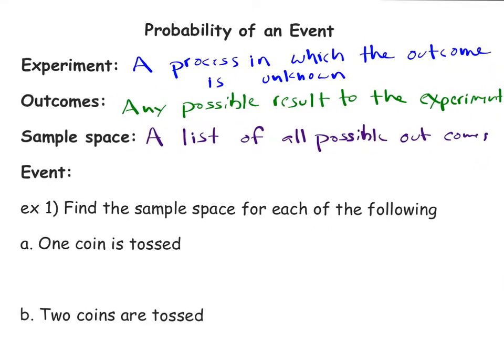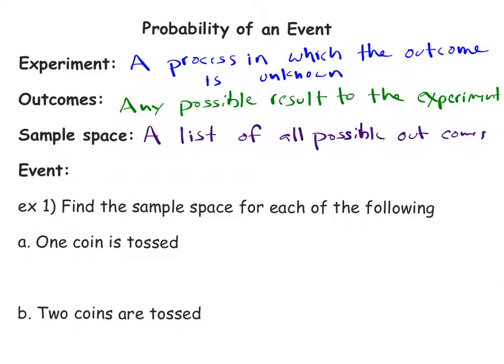We kind of modify the definition of an experiment, okay? Some other contexts might say that, for our definition, that's a simulation. But we're saying that an experiment is just a process in which the outcome is unknown.